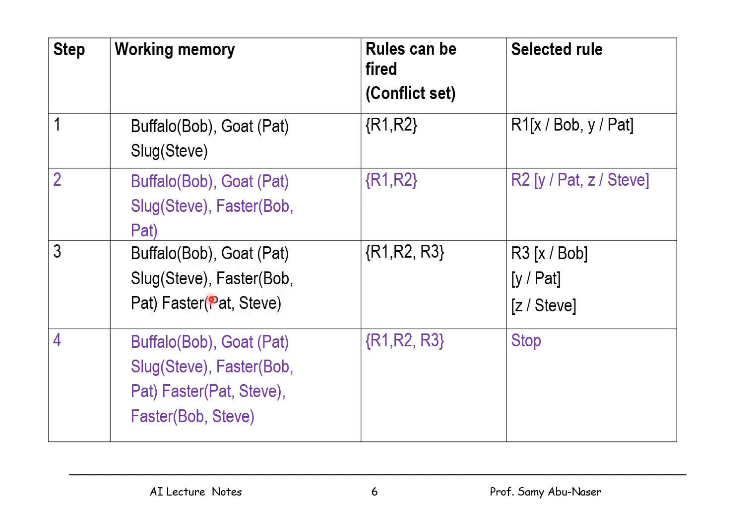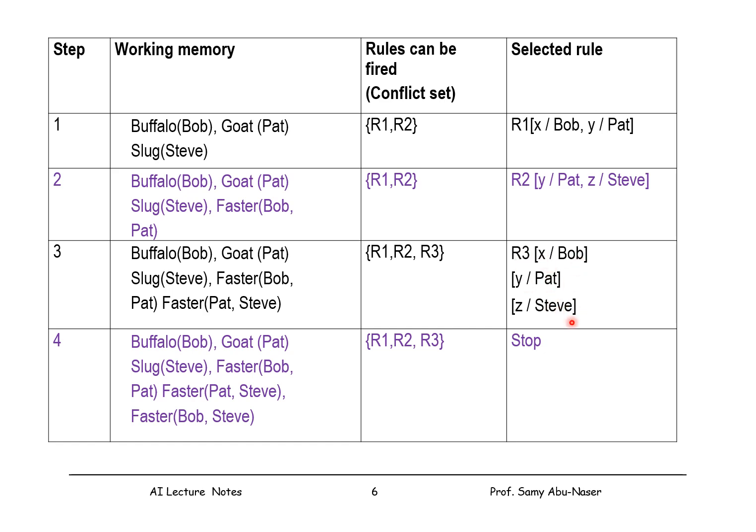So we take these facts and test the three rules. Which of them can be executed? We found that the three rules R1, R2, and R3 can be executed. We executed R1 and R2 previously, so we take R3 now. We substitute X with Bob, Y with Pat, Z with Steve.